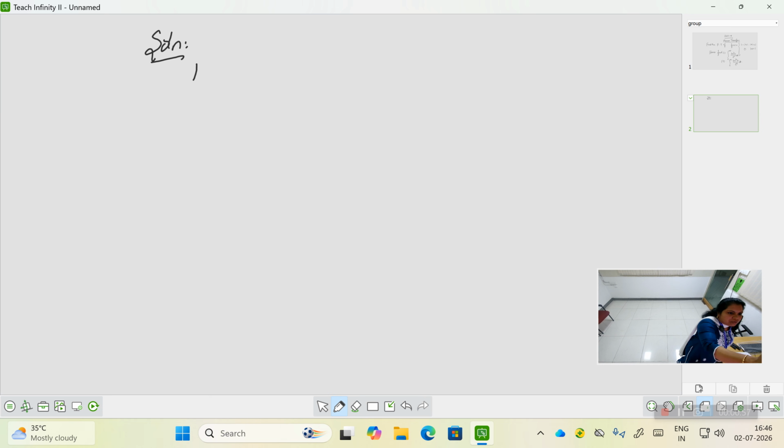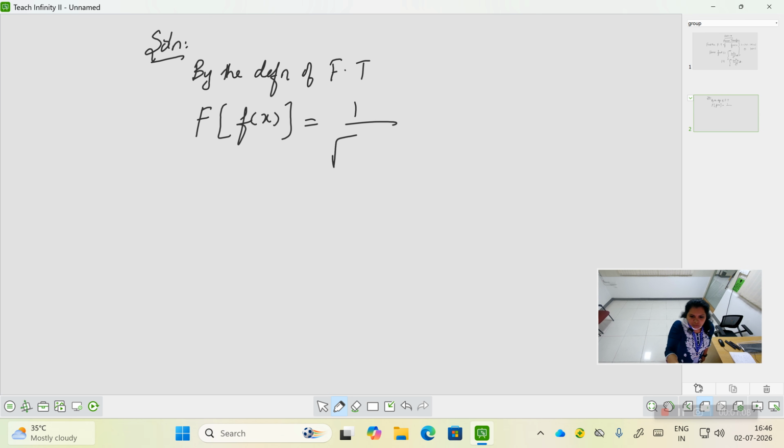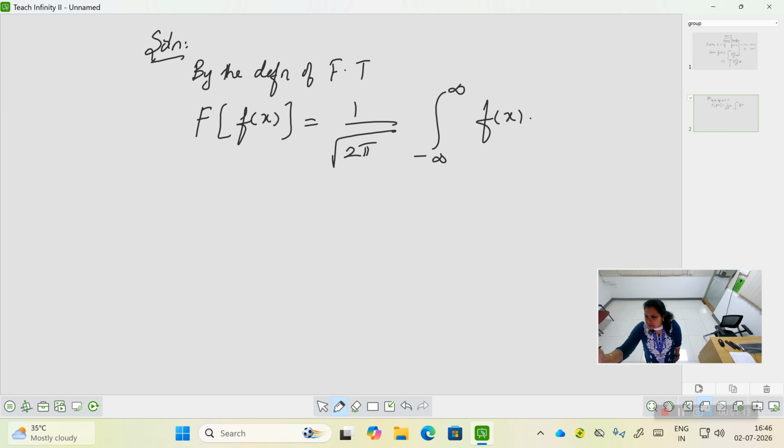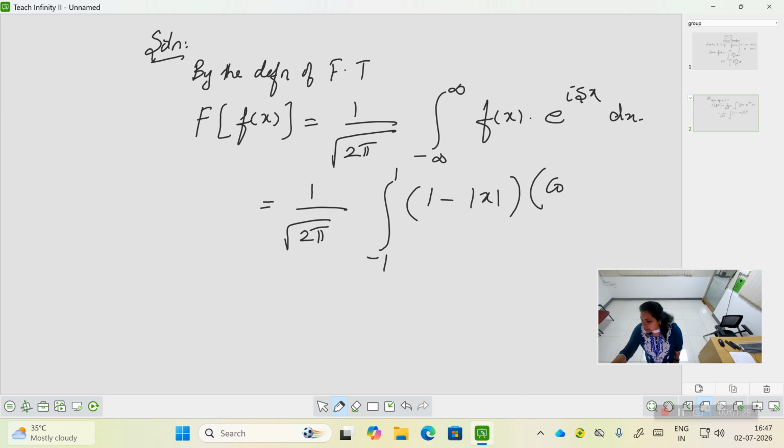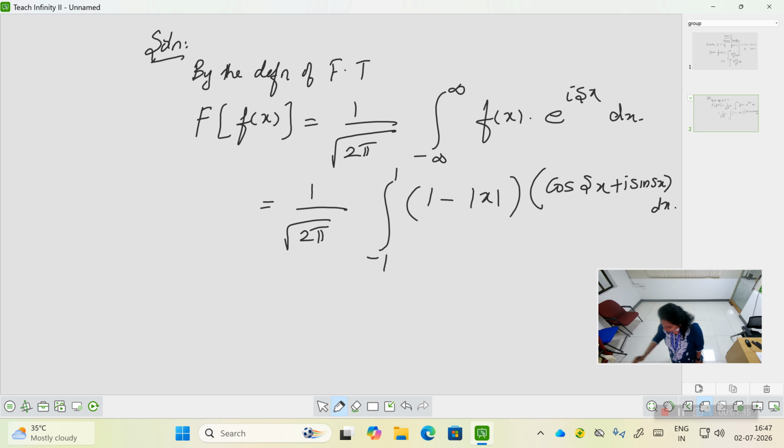By definition of Fourier transform, F(s) = 1/√(2π) ∫ from −∞ to ∞ of f(x) e^(isx) dx. The function f(x) is given in the problem, and the limits change to −1 to +1, with 1 − |x|. We expand e^(isx) as cos sx + i sin sx, dx.